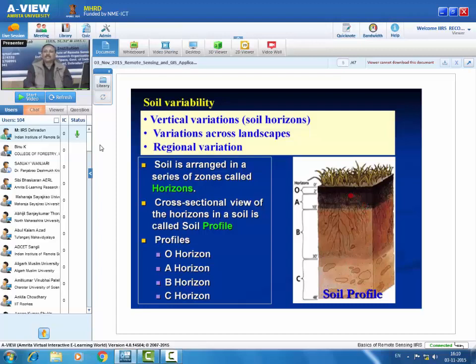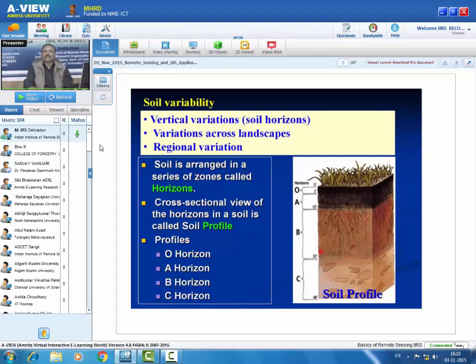The movement of soil particles, organic matter, and salt concentration from top to bottom depends on the slope or topography, on the type of climate, arid or humid, and on what vegetation is growing over it. All these factors govern the physico-chemical properties of the soil. So that is the vertical variation.